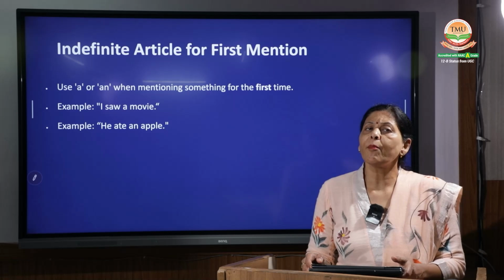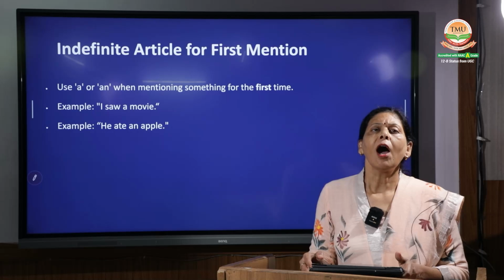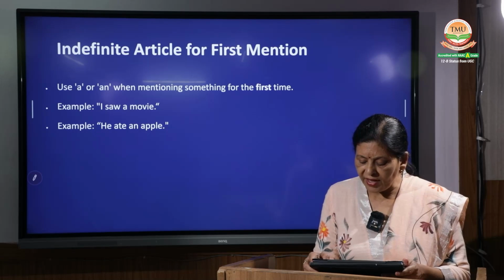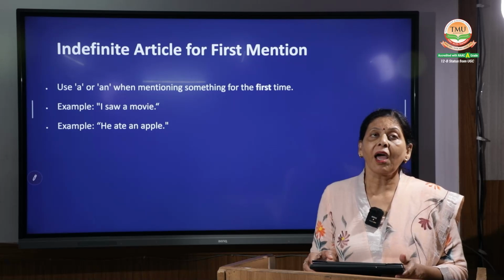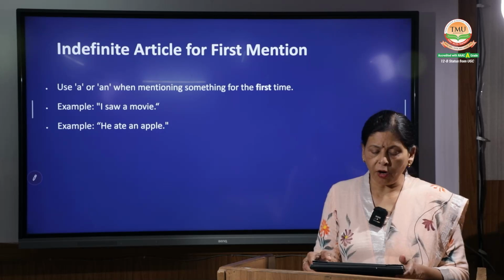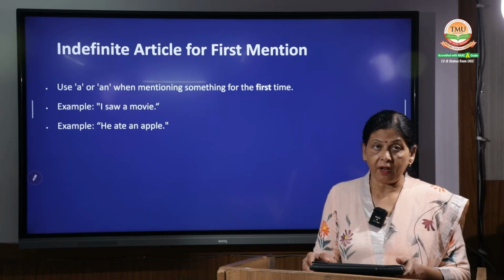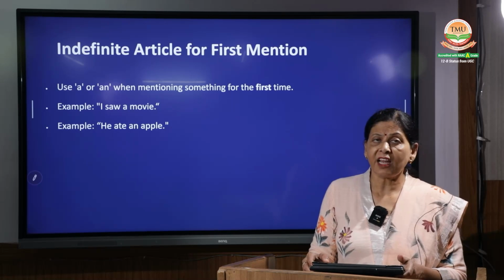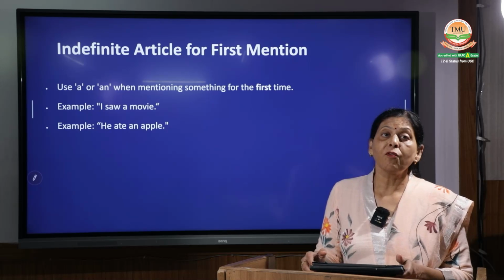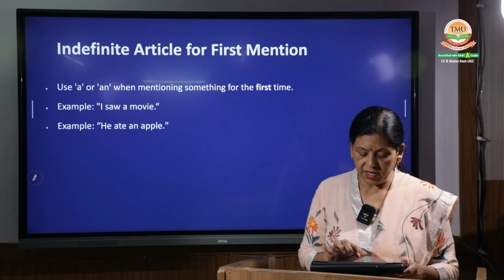So it is the, when I am referring to that apple. But before that, when I am mentioning something for the first time, and it is a singular countable noun, then I will use a or an. I saw a movie, I ate an apple. The movie was boring, the apple was juicy. So the second time when I am referring to those things, the definite article will be used.